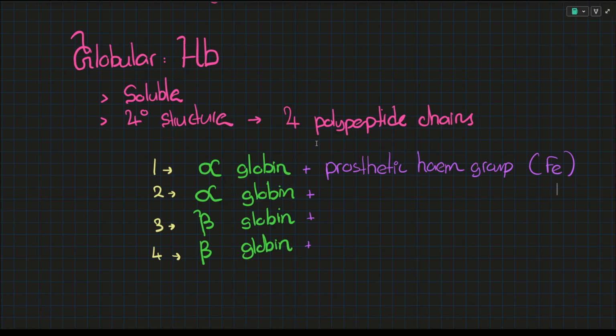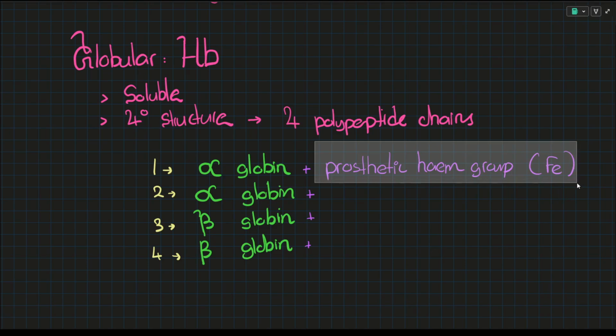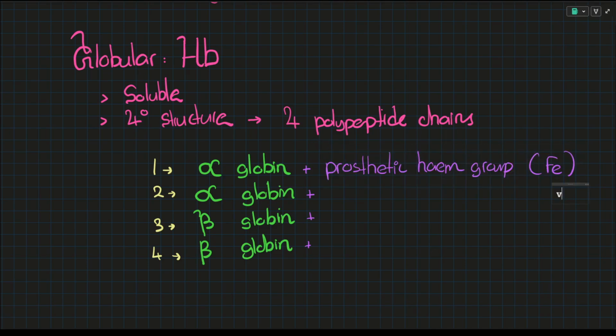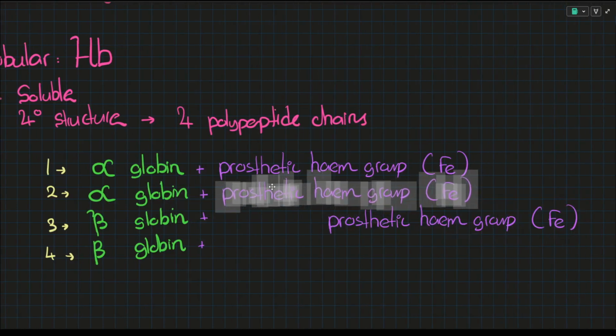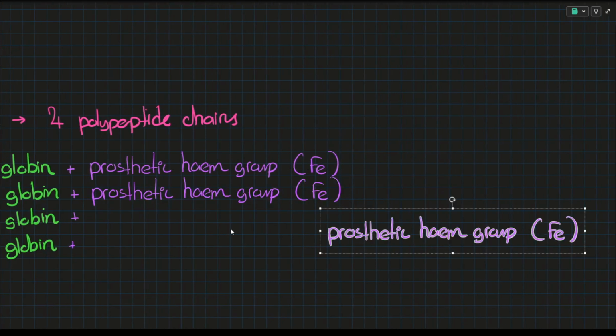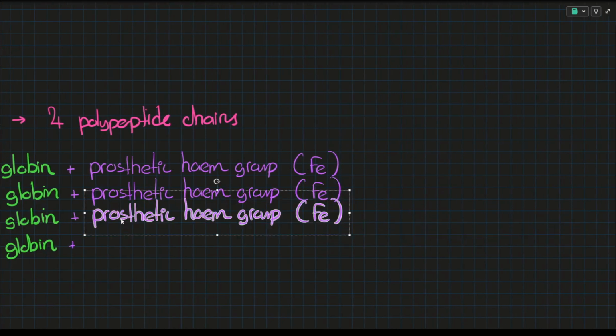For each of these globins, for each of the polypeptide chains, what's each of the polypeptide chain? Why do you always have to make this so hard? Copy and paste. There you go. Each of the polypeptide chains is going to have a prosthetic heme group attached.